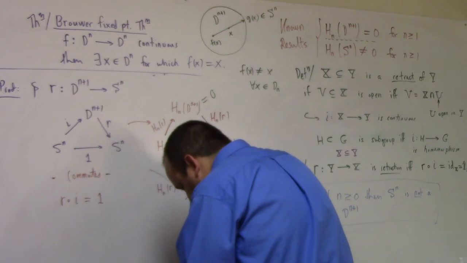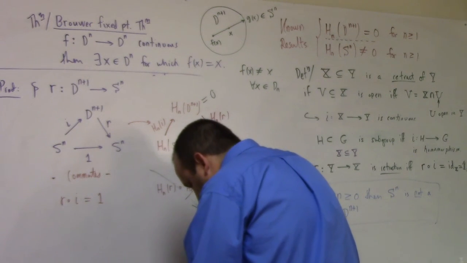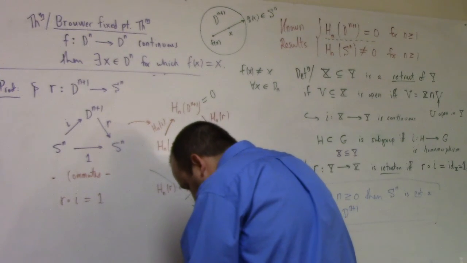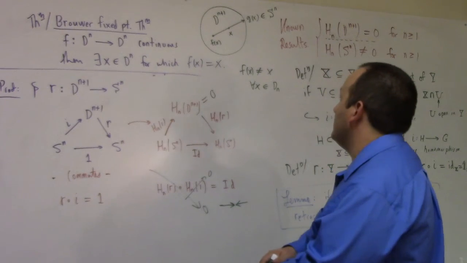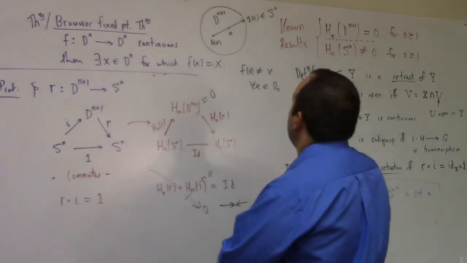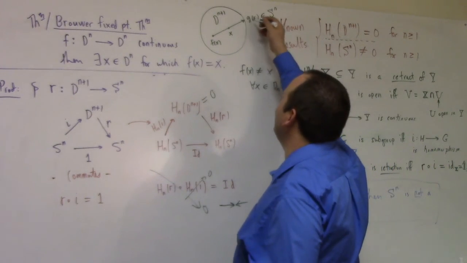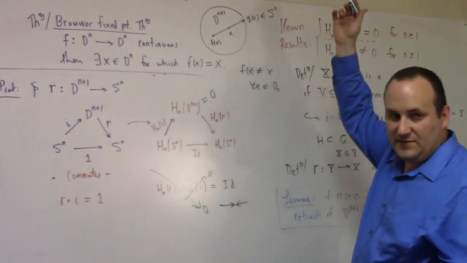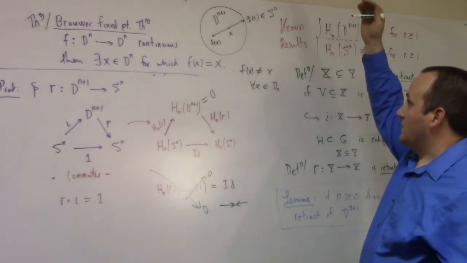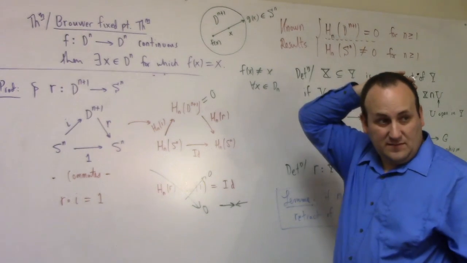He says, obviously, if x is an element of S^(n-1), that implies g of x equals x. That's actually pretty obvious from the definition that we stated. So that means that g is a retraction.